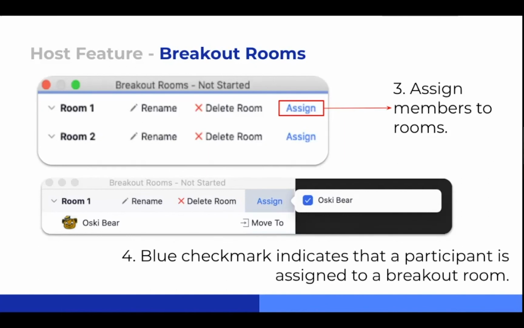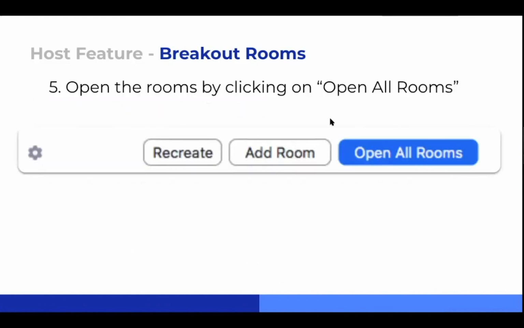Once you have gone through and assigned participants into the rooms that you would like to assign them to, you need to open all of the breakout rooms. You will be able to see an option titled Open All Rooms, highlighted in blue. By clicking on that button, all of the participants will be invited to join the breakout room that you assigned them to.